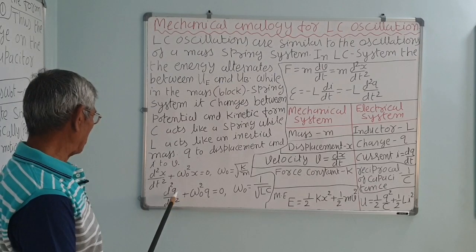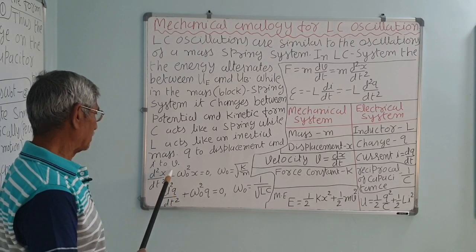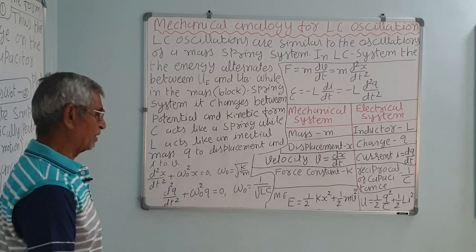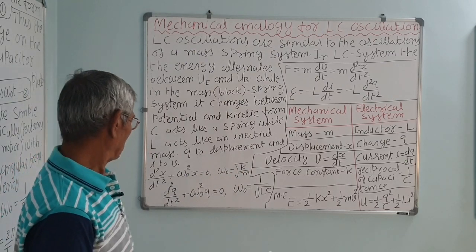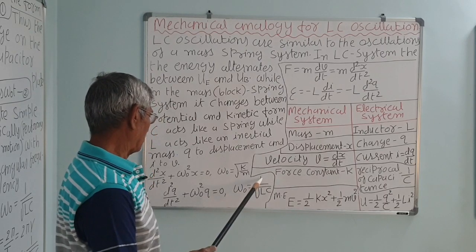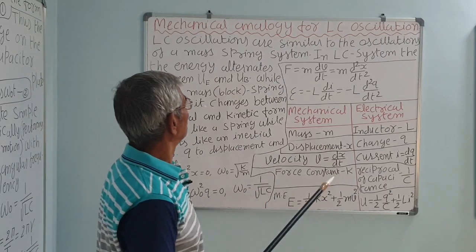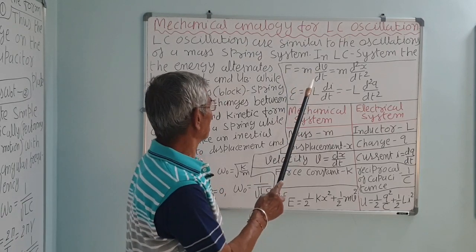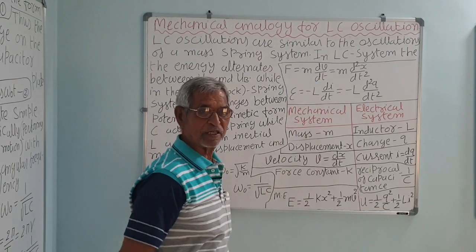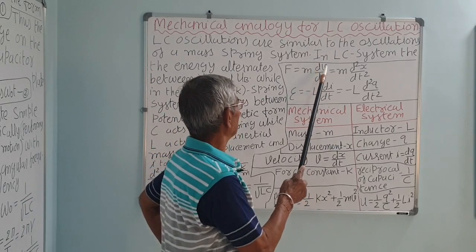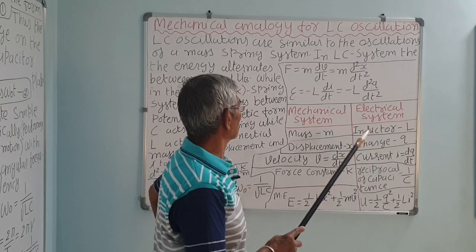Here charge oscillates, here mass oscillates. So, omega 0 is equal to under root k by m, and omega 0 is equal to, in the electrical case, 1 upon under root LC. Correct. So, force F is equal to m into dV by dt, mass into acceleration, the rate of change of velocity.